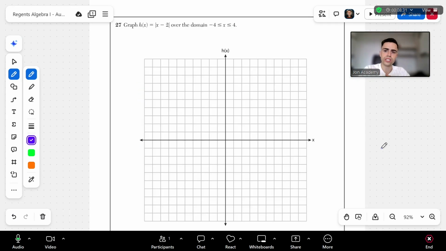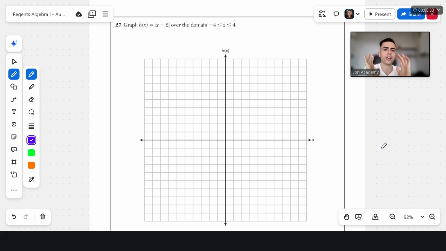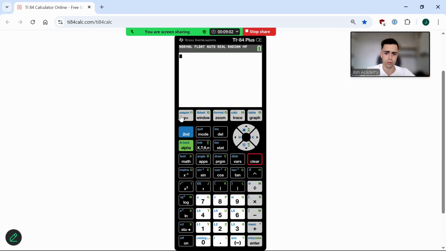So now for number 27, we have to graph this function, which has an absolute value between the domain of -4 and 4. So we're going to do it with the calculator once again. So once here is very easy to graph that function. We go into the y here, and we need to enter the absolute value. So for that, we're going to do math to the right, absolute value with the 1 here, and then the x is over here, so x minus 2.